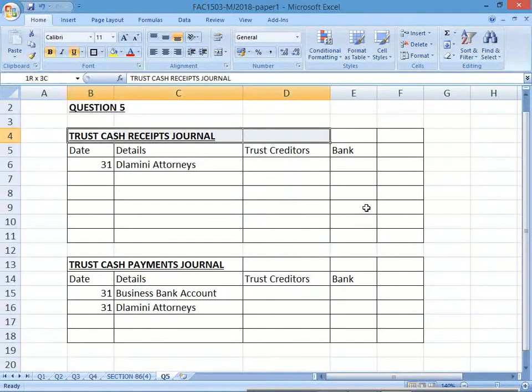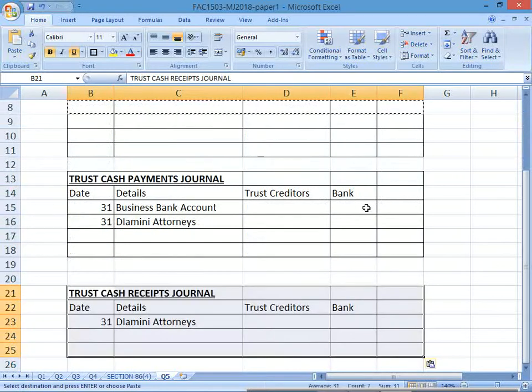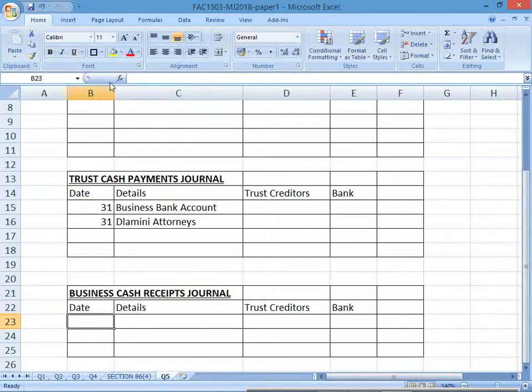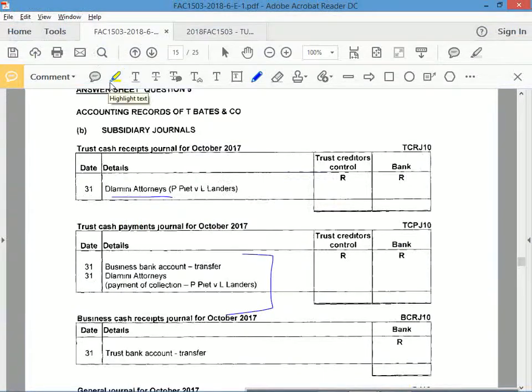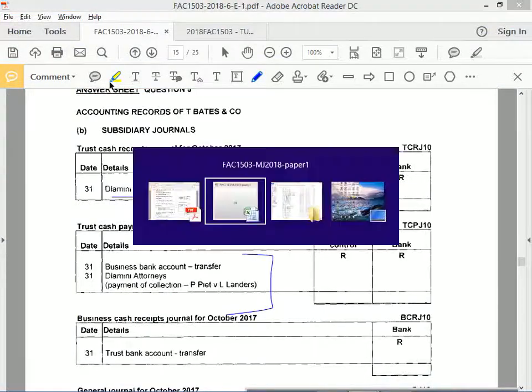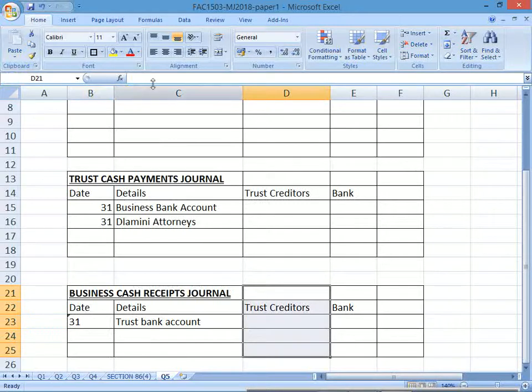Receipts. This was for the 31st as well, and it was bank. Okay, delete.